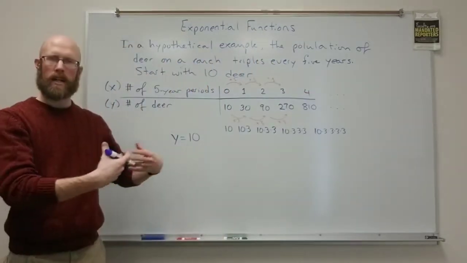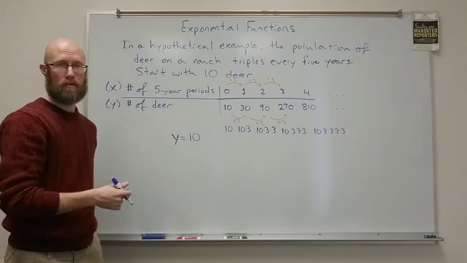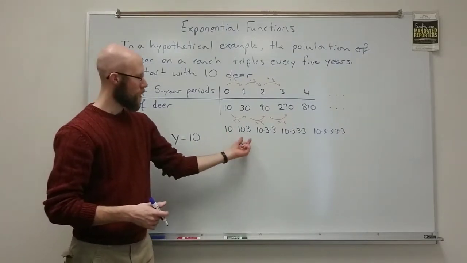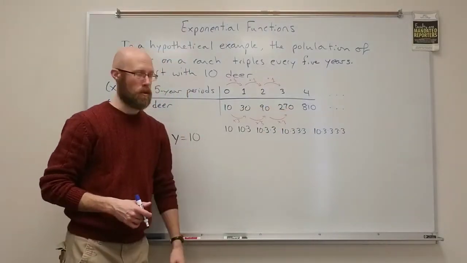So you're just adding an extra factor of 3 each time down the line, each 5-year period, okay? And then when you calculate each of these, you'll get the value in the table.